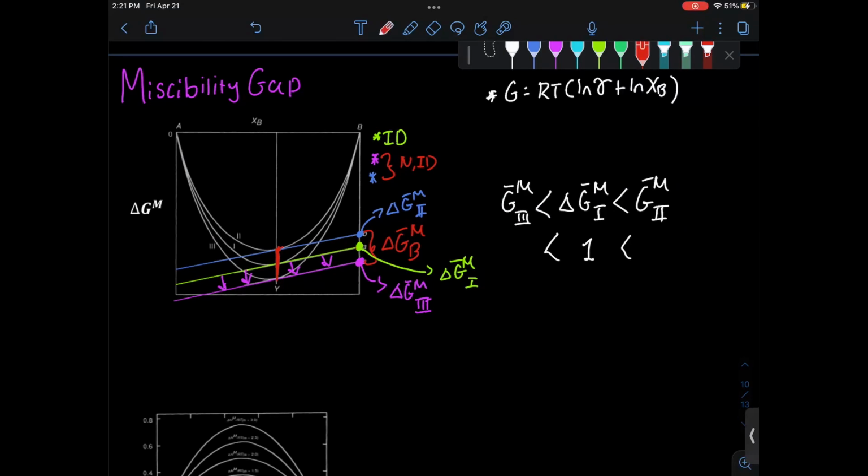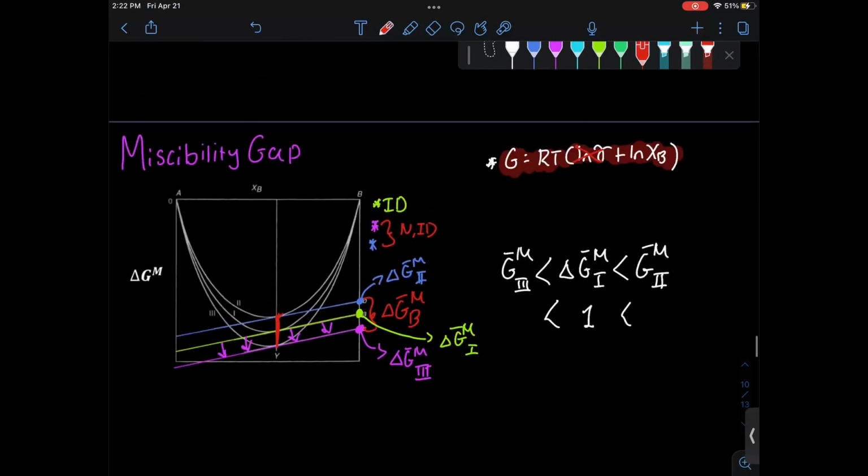Now, if we go up to our partial molar Gibbs free energy equation here, we can see that having an activity coefficient of 1 will cancel out this term. This is also known as the Gibbs excess term. This one is the Gibbs ideal term.